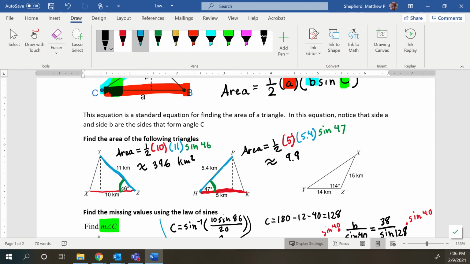All right, one more. So this one does look a bit different. They didn't even draw in an altitude for us, but that's okay. Similar thing.